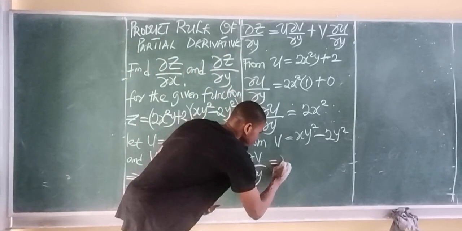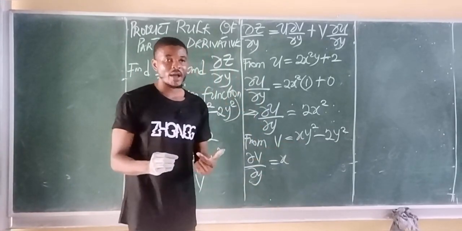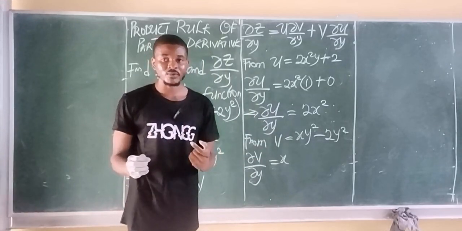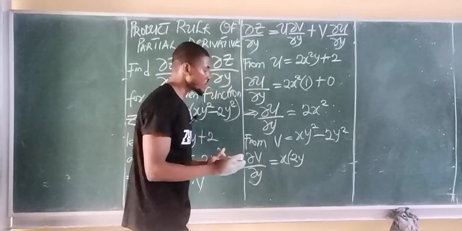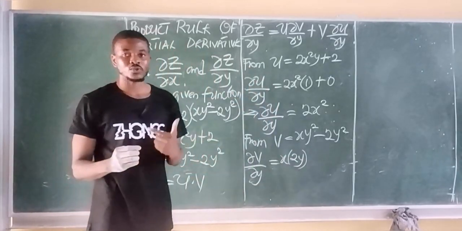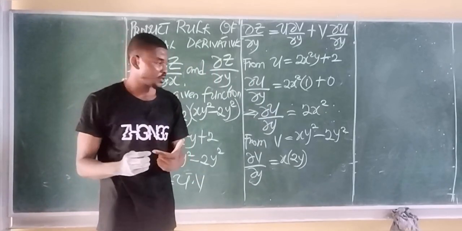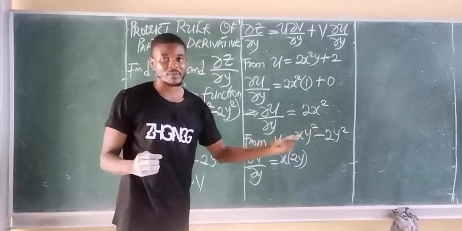Okay, so I have here x. X is treated as a constant, so we keep it. I want to differentiate y squared. To differentiate y squared, simply use the power to multiply the variable. So the derivative of y squared is 2y, because I'll have 2 times y, then subtract 1 from the power, 2 minus 1.